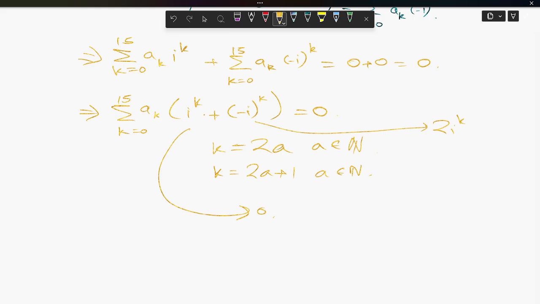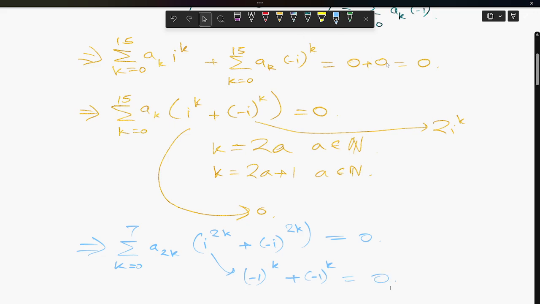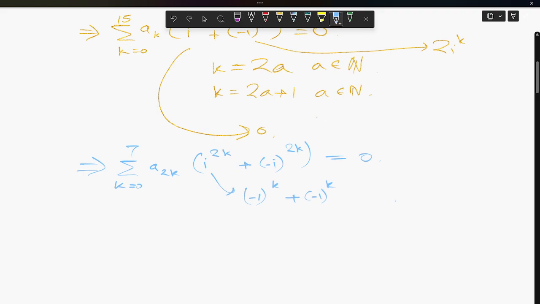Thus only even k contribute to the sum. So finally we are getting the summation k equals 0 up to 7 of a_2k times (i^2k + (-i)^2k) equals 0. And i^2k is what? That will be (-1)^k. And (-i)^2k will also be (-1)^k. So finally we are getting the summation up to 7 of a_2k times 2 times (-1)^k is equal to 0.